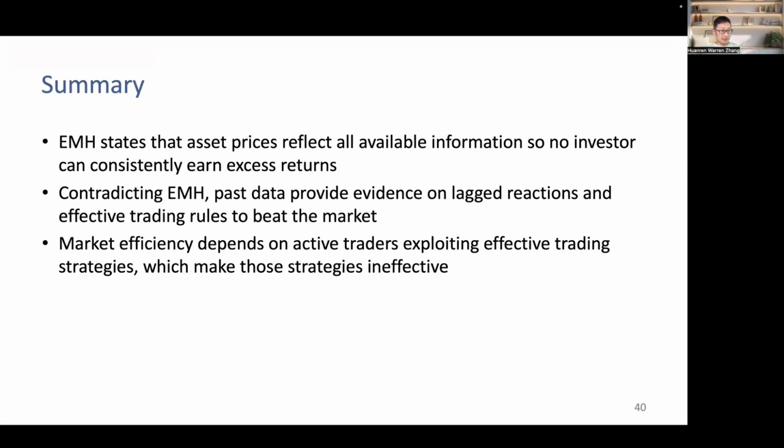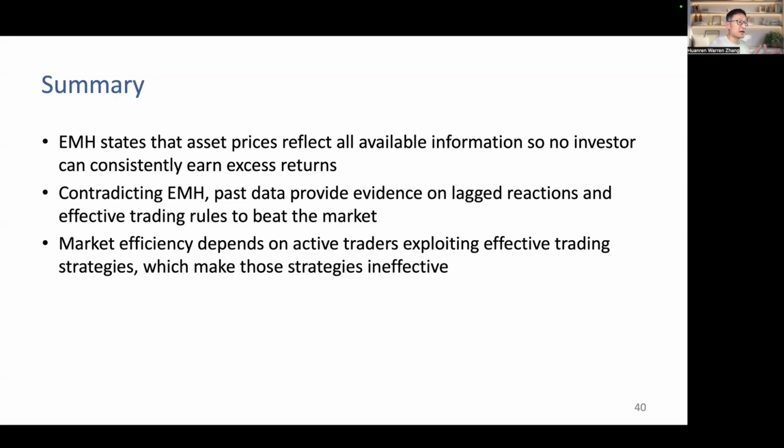So to summarize, the efficient market hypothesis states that asset prices reflect all available information, so no investor can consistently earn excess returns. But contradicting the efficient market hypothesis, past data provide evidence of lagged reactions and effective trading rules to beat the market. Also, market efficiency depends on active traders exploring effective trading strategies.